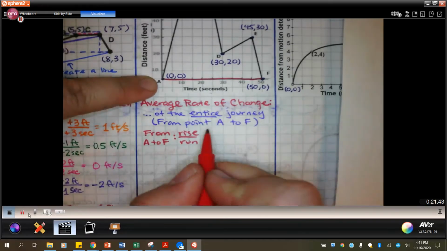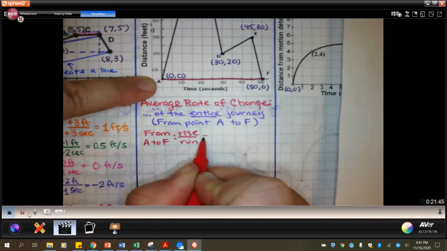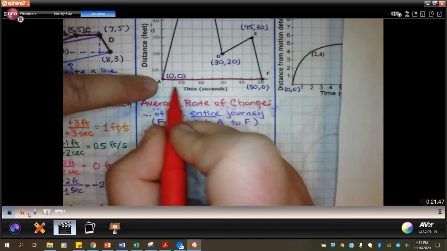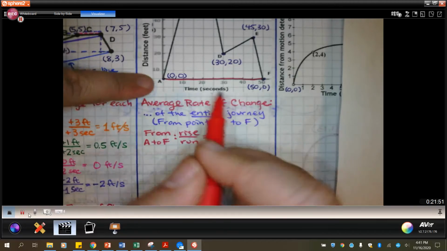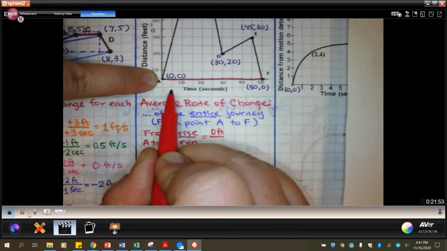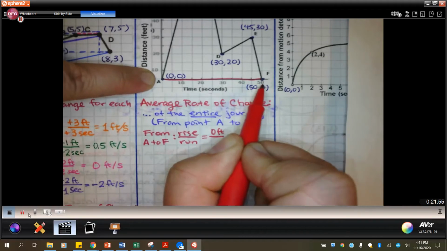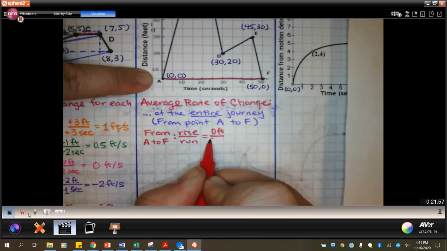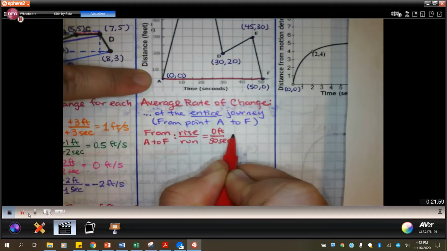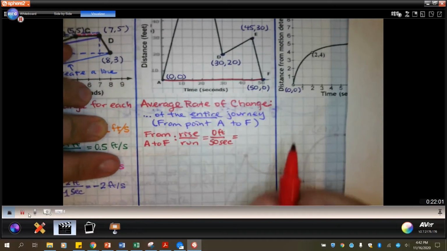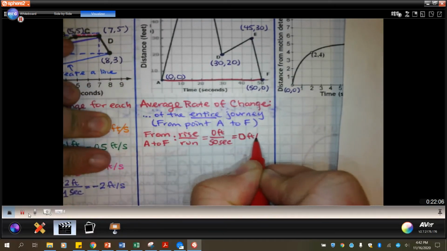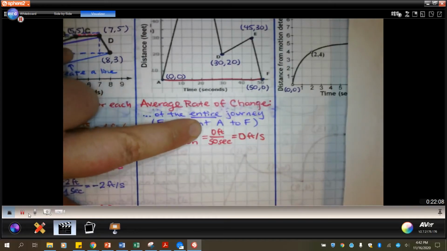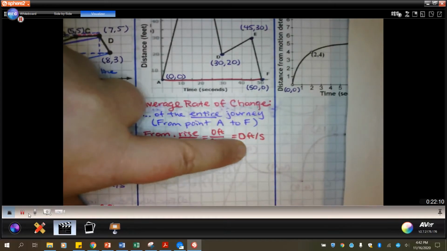And if it's a horizontal line, then when we do rise over run, I don't go up or down at all. That's 0 feet. And how far do I go over? Well, remember, this is by fives, so we actually get up to 50 seconds. Well, what is that? That is 0 feet per second, because 0 divided by 50 is 0.